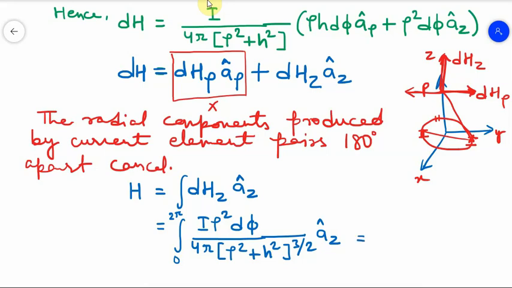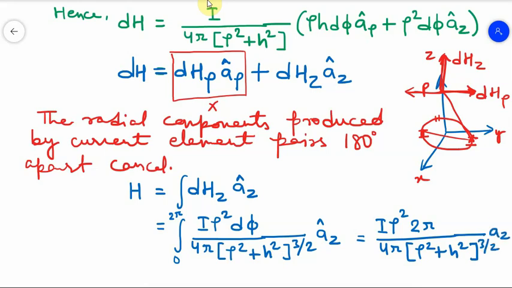So if we integrate it, the remaining things will come. So I rho square, and for this d phi the integration will be phi, and if we put the limits it will be 2 pi. So here it will be 2 pi upon 4 pi (rho square plus h square) power 3 by 2.